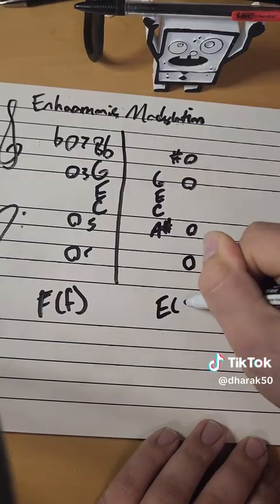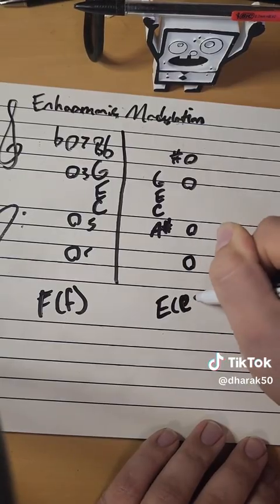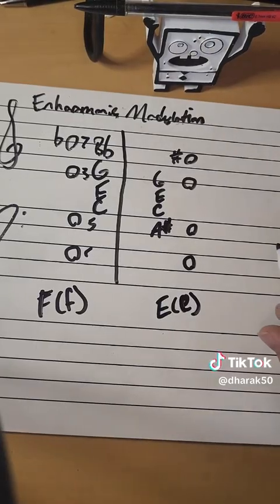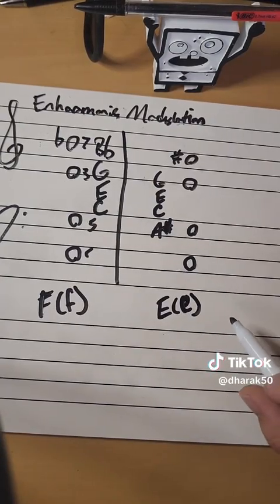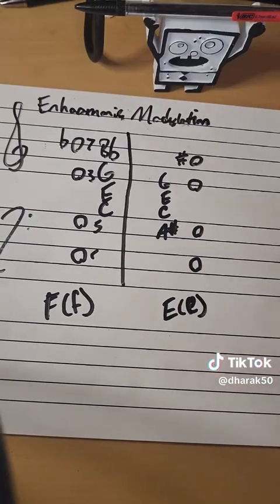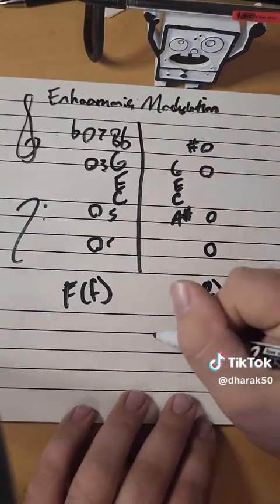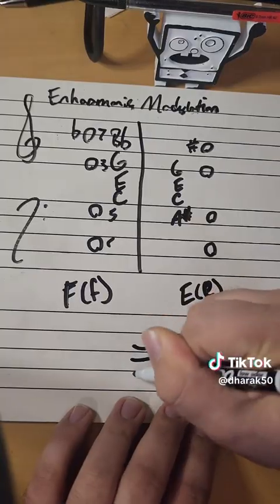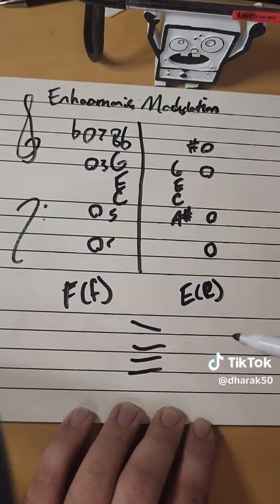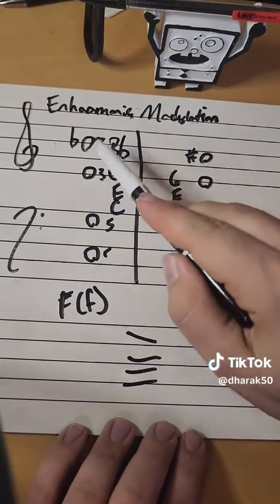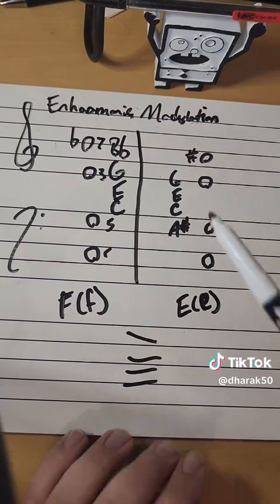So then this is going to be your German 6 chord in E major or E minor, right? Okay, so that's how we have to think about that. So we keep the 3 notes the same, and we take our 7th and bring it down enharmonically a note, for example, B flat to A sharp.